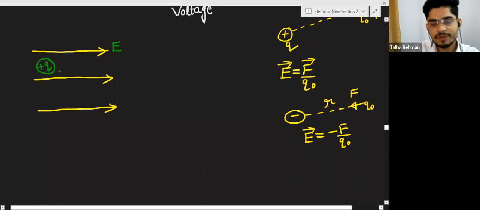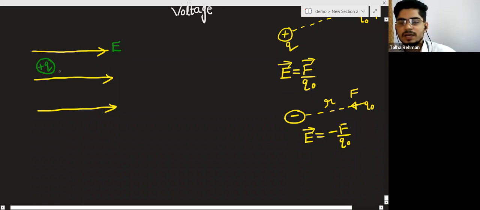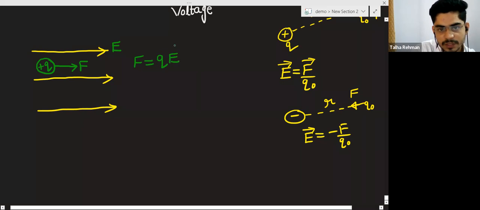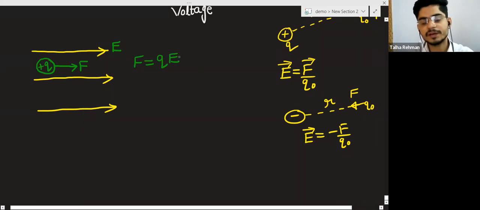So when you place a charge in an electric field, it will experience a force in the direction of the electric field. The value of this force is the charge Q into E. I am talking about the magnitude.